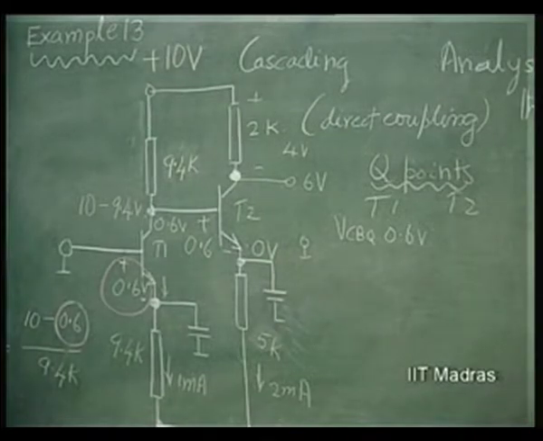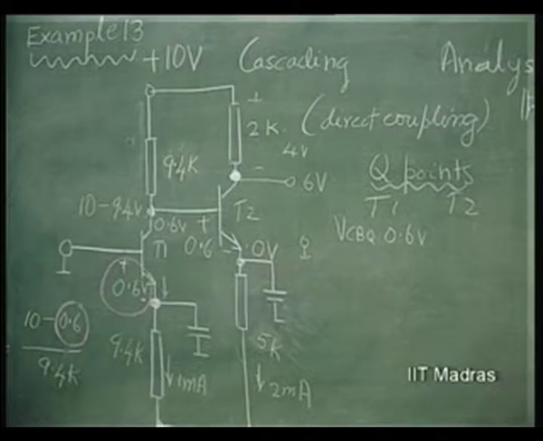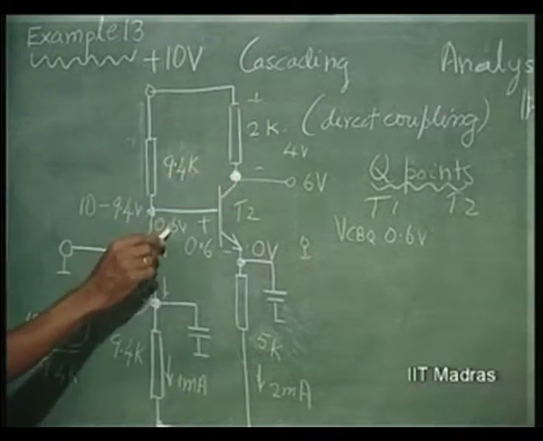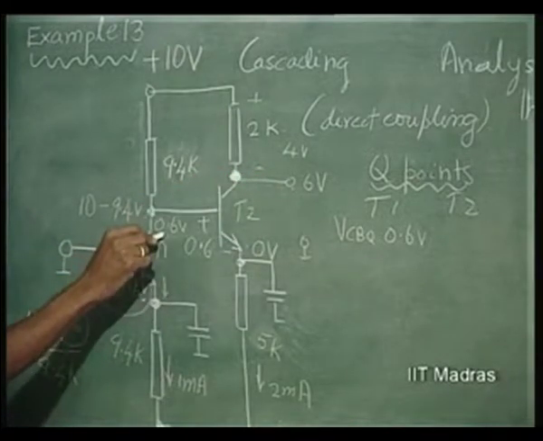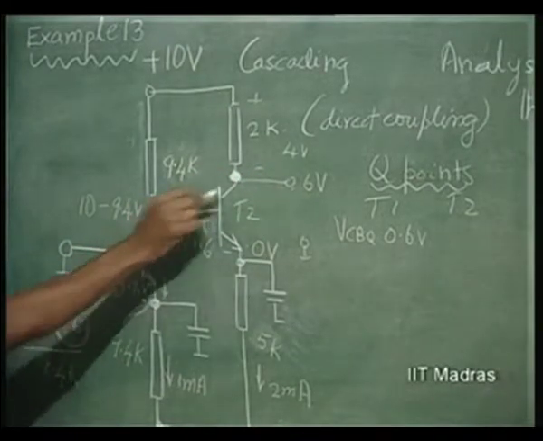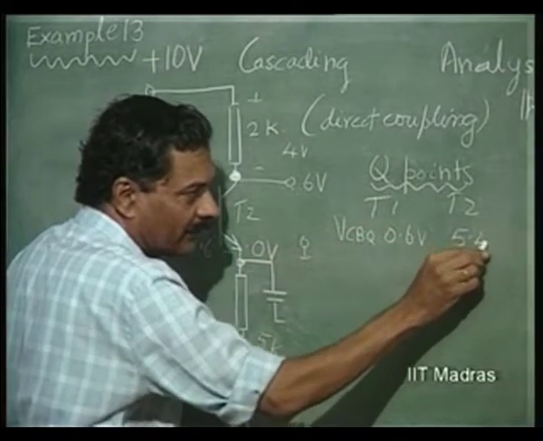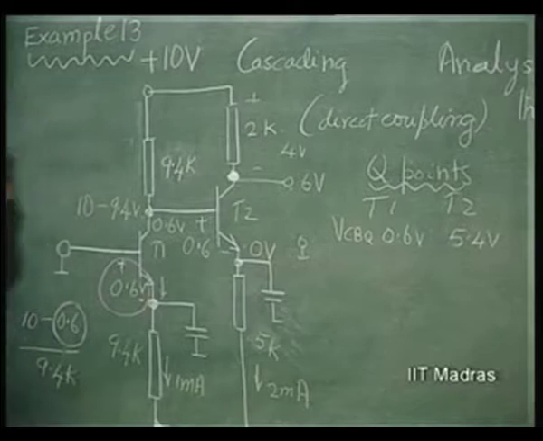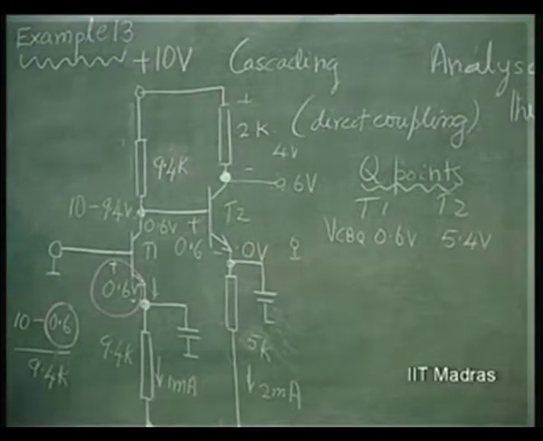The voltage swing is not going to be much. This is a 2-stage amplifier. So, this 0.6 volts should be good enough for it. And VCBQ for this is at 0.6, this is at 6. So, what is the VCBQ? 5.4 volts, 6 minus 0.6. So, 5.4 volts. It's good enough for 5.4 volt swing for that.